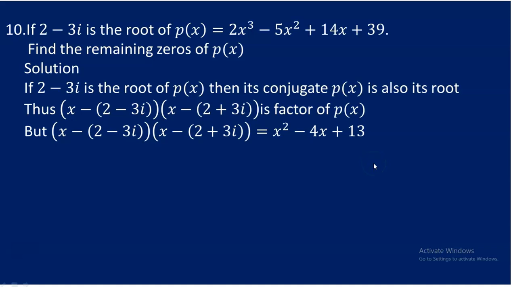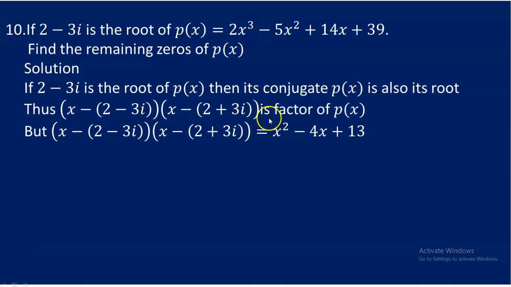Now, as you take the product of these two, you obtain the quadratic expression x squared minus 4x plus 13. How are you going to obtain the remaining factor? We need to divide this polynomial by this one, because we have obtained that 2 minus 3i and 2 plus 3i are zeros of this p.